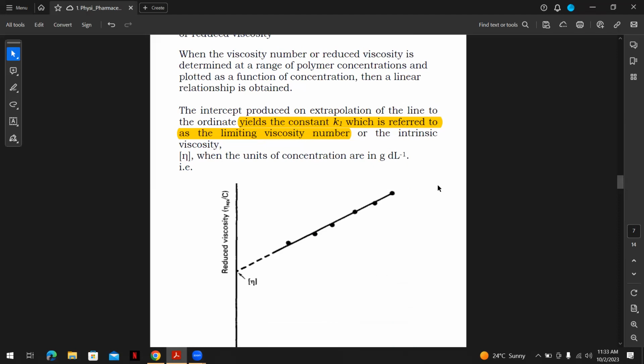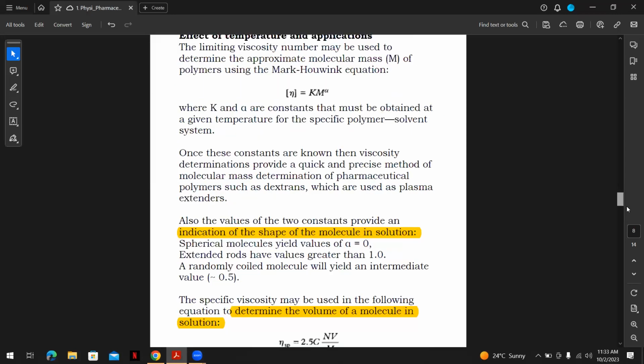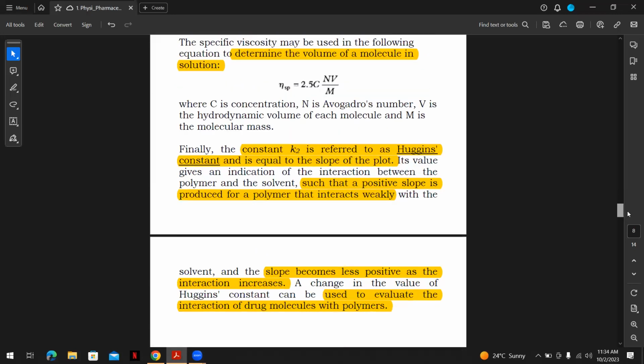We said the value of K1 is a limiting viscosity number. It's an extrapolation. And the slope of this is the Huggins constant. And it helps us understand how the polymer is interacting with the solvent. The more positive it is, the less it's interacting. And the less positive it is, the more it's interacting.